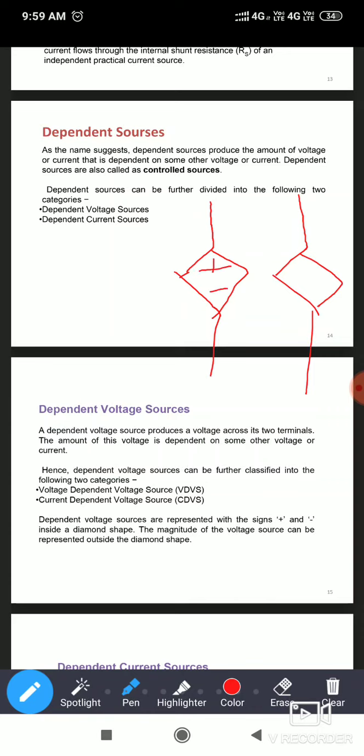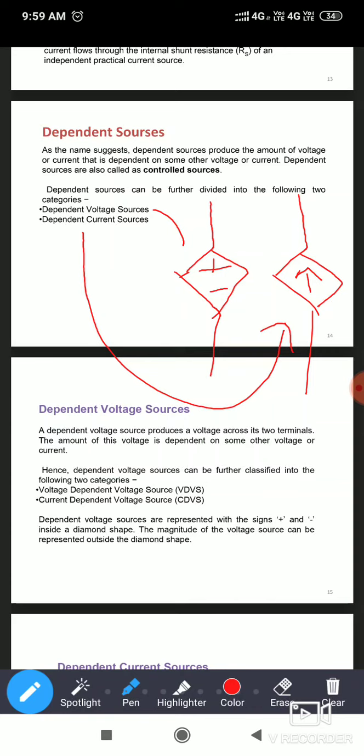If plus minus is there, then that is called a dependent voltage source. If an arrow is there, showing the direction of current, then that is called a dependent current source.